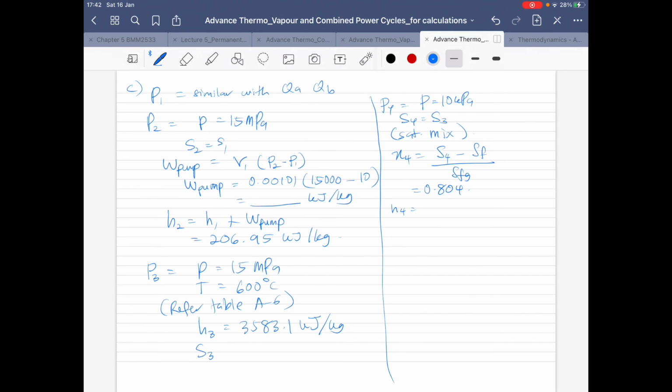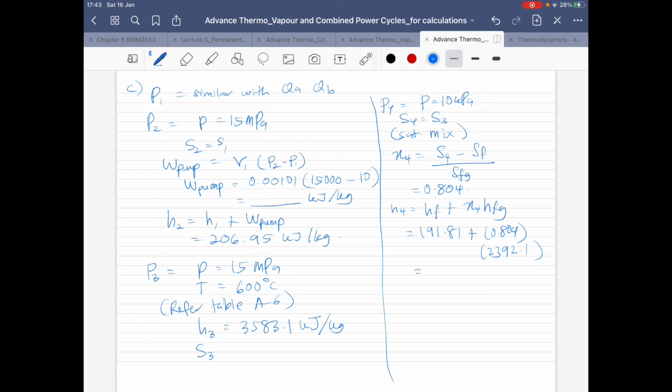So knowing this, we can calculate H4. H4 is equal to HF plus X4 times HFG. Where do we get HF? HF is exactly the same as HF at point 1, which is 191.8 kilojoule, plus X4, 0.804, times HFG for liquid and steam, 92.1.